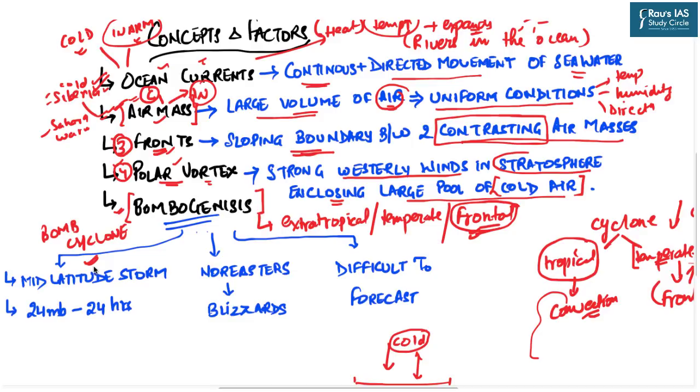Clear? But the important key fact related to bomb cyclones, compared to the other frontal cyclones which are the normal frontal cyclones, is that the pressure of bomb cyclones deteriorates at a very excessive rate. The reduction of pressure in a bomb cyclone is around 24 millibar in just one day, that is 24 hours. So this excessive rate of reduction makes the bomb cyclones very intense and fierce.